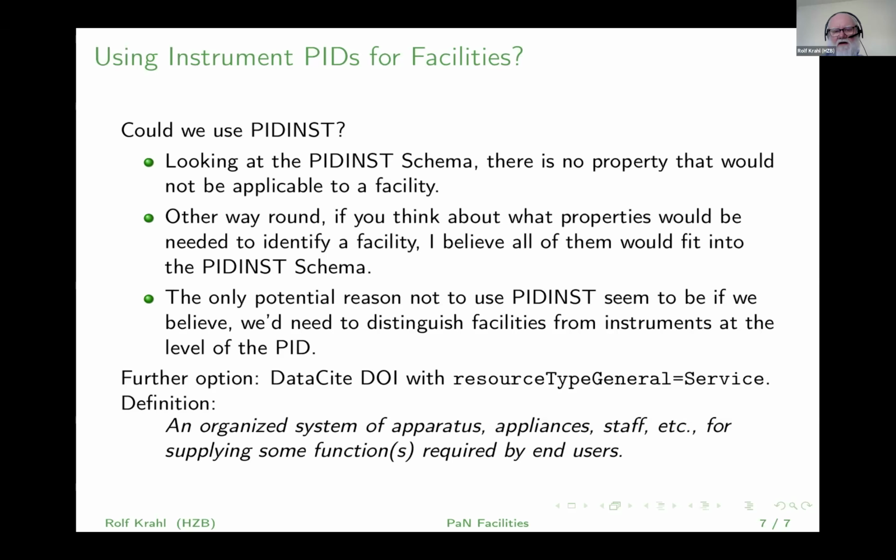And just as another option that came to my mind, we could also use DataCite DOIs with resource type general service, which sounds a little bit odd at first glance, but if you look into the definition of that resource type general, a service is an organized system of apparatus, appliance, staff, etc. for supplying some function required by end users.